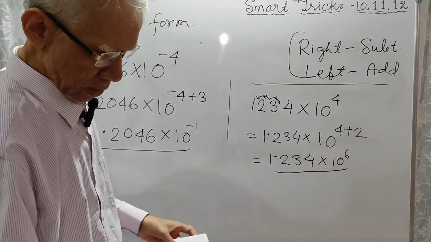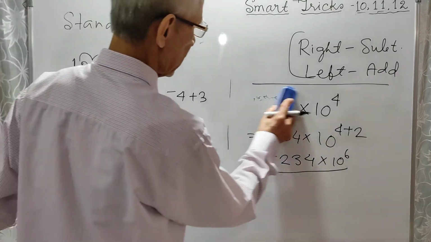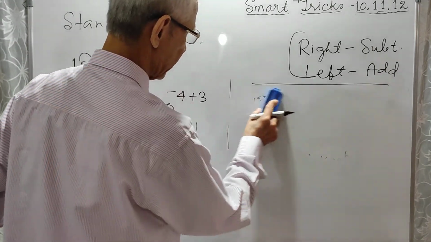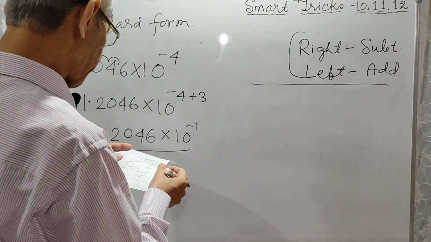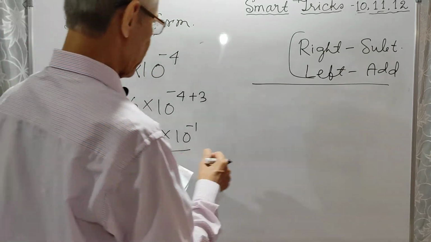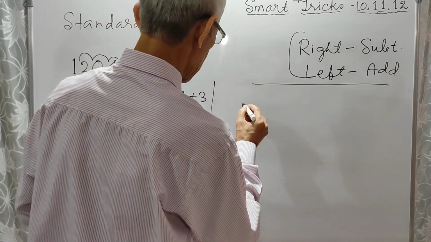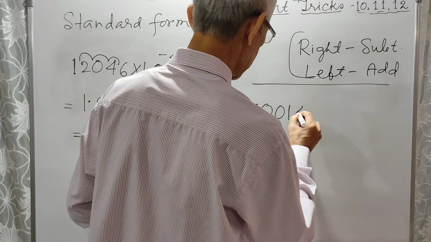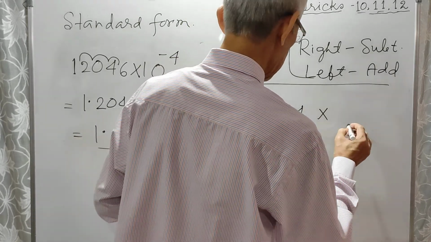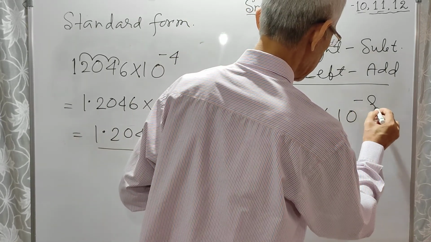Okay. All right. Let us see the last one for today. So this one, suppose this: 0.0014 multiplied by 10 to the power minus 8.